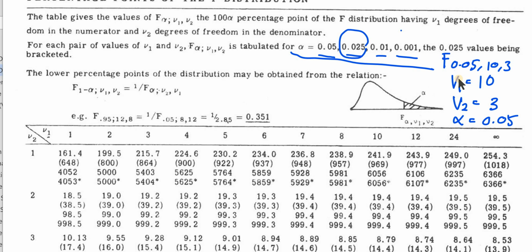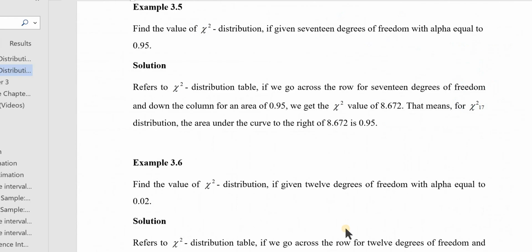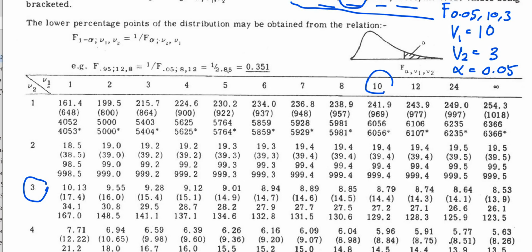For example, we want to find the F value for alpha 0.05, where V1 is 10 and V2 is 3. Let's refer to the table for V1 and V2. V1 is 10, so it is here. Then V2 is 3, so 3 here, and here are the 4 values of alpha.